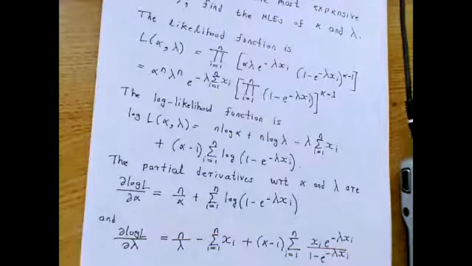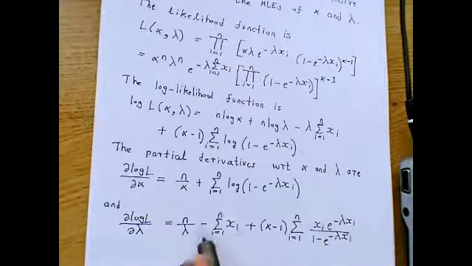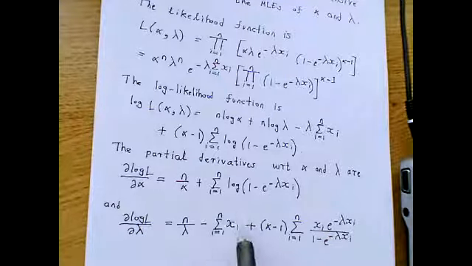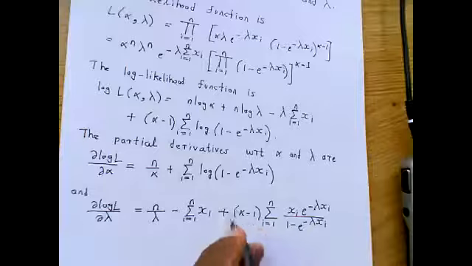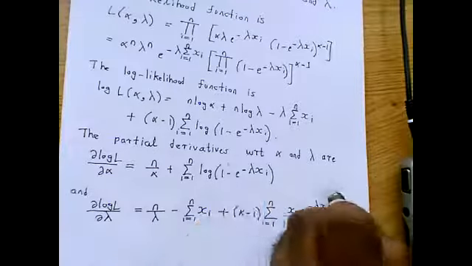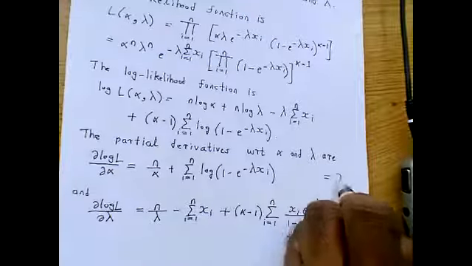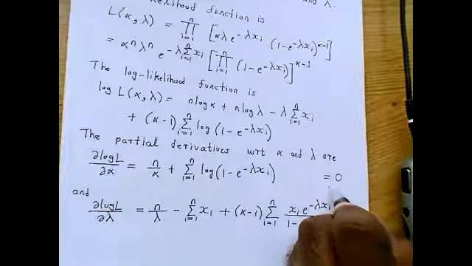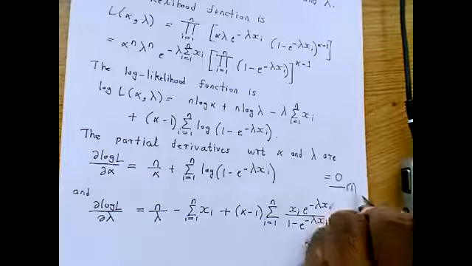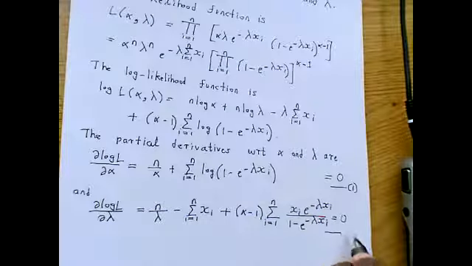Okay. All right. So just once again, check if my calculations are correct. Right now, to solve these two equations for alpha and lambda, we need to set this to 0. We need to set this to 0. Let's call this equation 1, and let's call this equation 2, right?